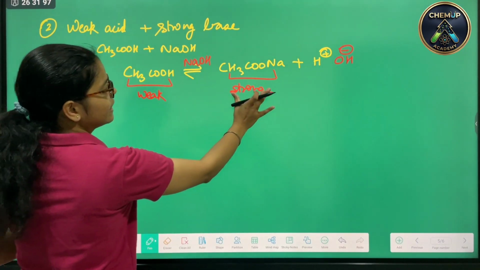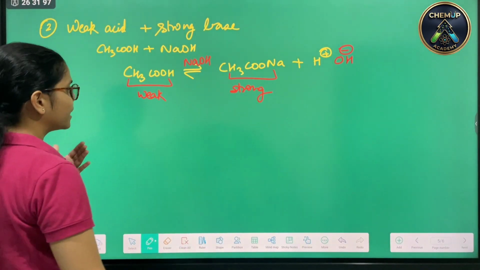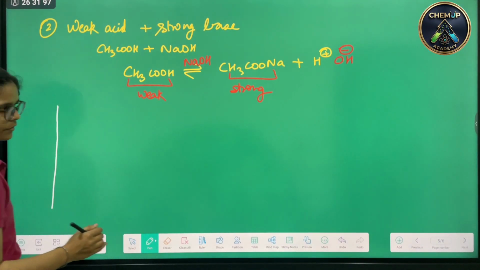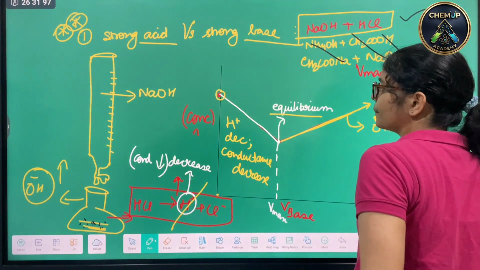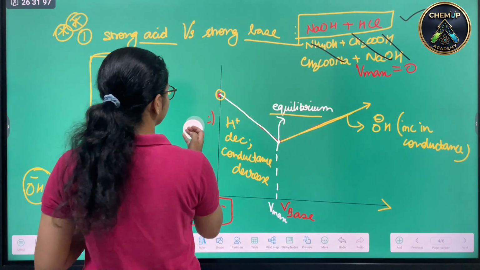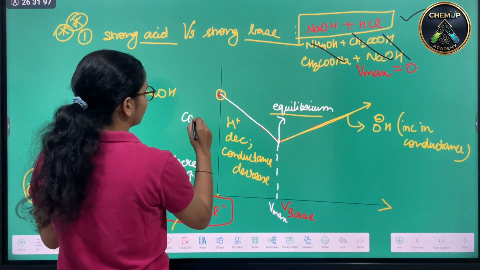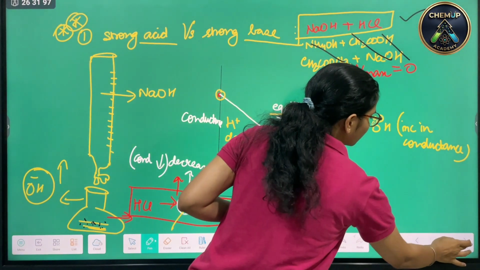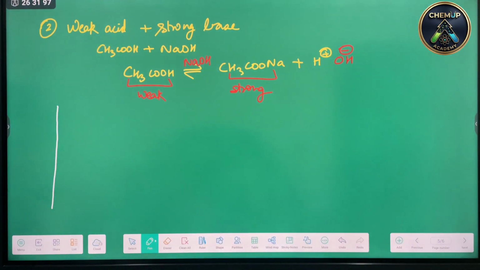Here it is weak, here it is strong, but still we are not obtaining the graph like this. Here it is conductance. We are plotting conductance again, na? So concentration could be calculated directly. Okay. So what sort of graph can we make?